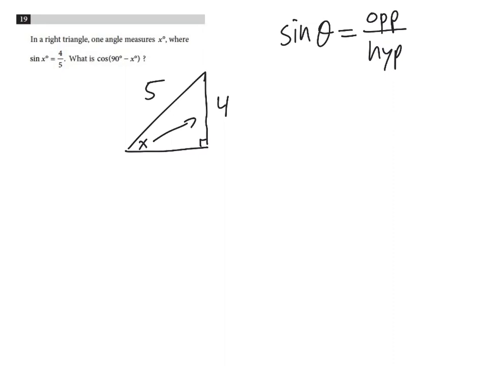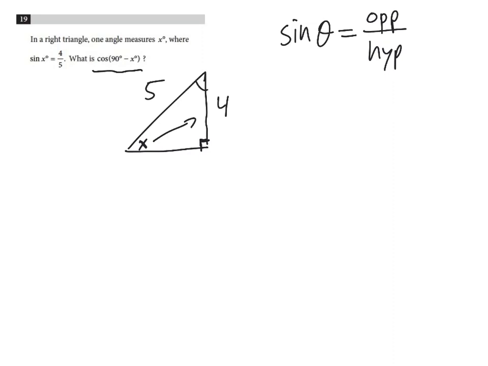if they want to know what cosine of 90 minus x is, well, 90 minus x, well, this angle's 90, this angle's x, what's this angle up here?